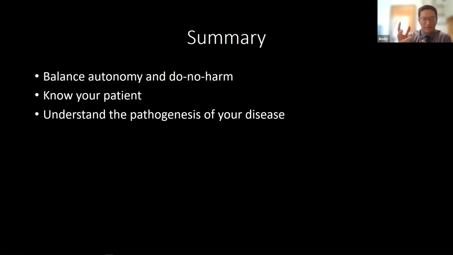And then really understanding the pathogenesis of the disease helps you get a comprehensive view of the disease that you're studying, but also instills confidence in the patient that you're talking to. If they have questions that you're not able to answer, they're going to question whether these results are valid or whether there are other things that are just missing right now. So hopefully that is a helpful framework in terms of disclosing these results.